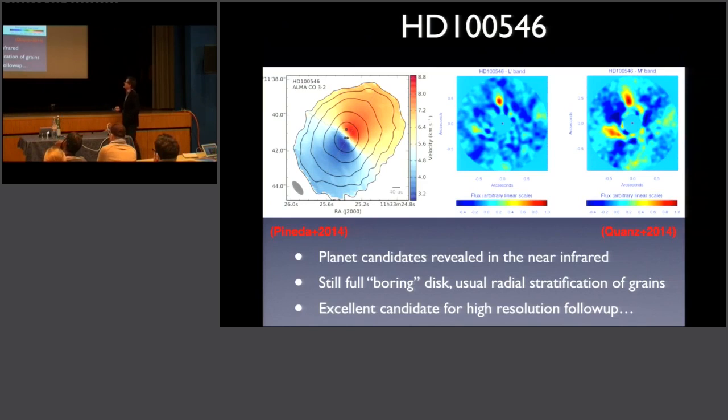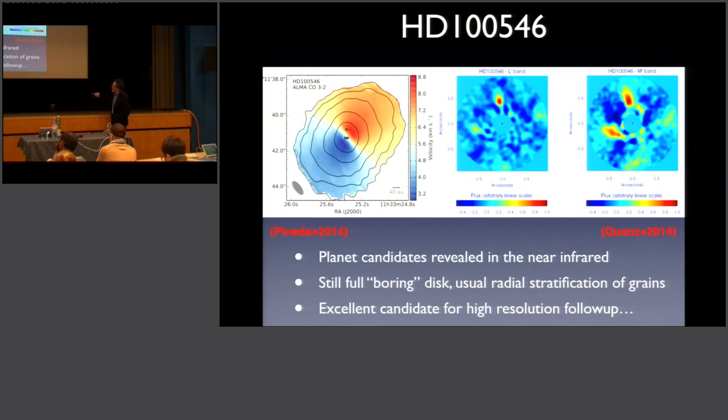I believe the distance of this blob here would be 50 astronomical units. And the ALMA data available now still don't have the angular resolution to resolve these inner regions of the disk. You see here the blobs are these two dots. This is the gas emission.